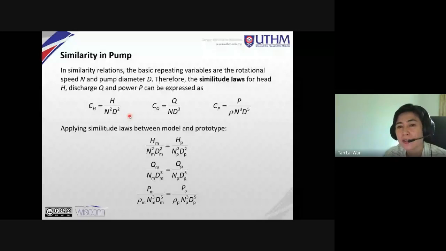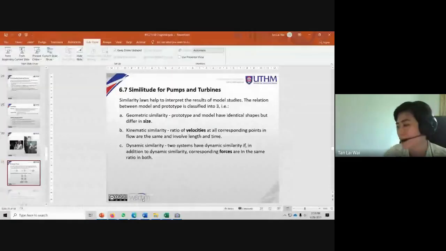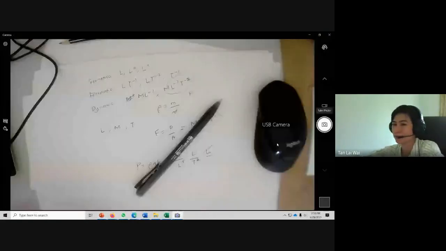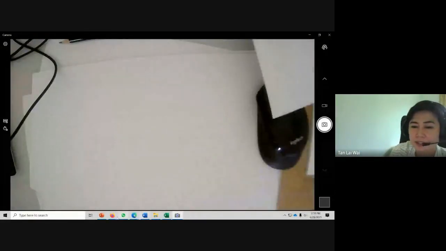Okay. So how do we use these similarity laws? Let me show you how you are going to use them. Now, if you look at your slide, if you have your slide, let's have our slides next to each other.